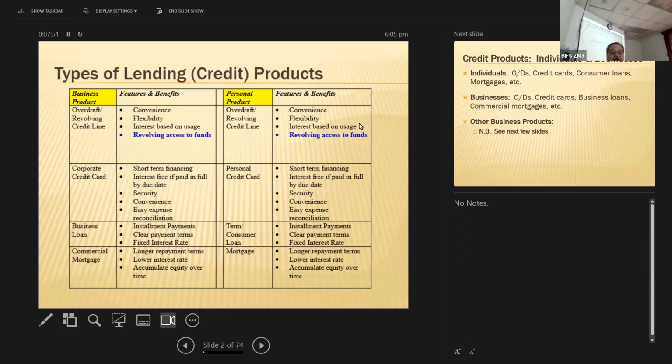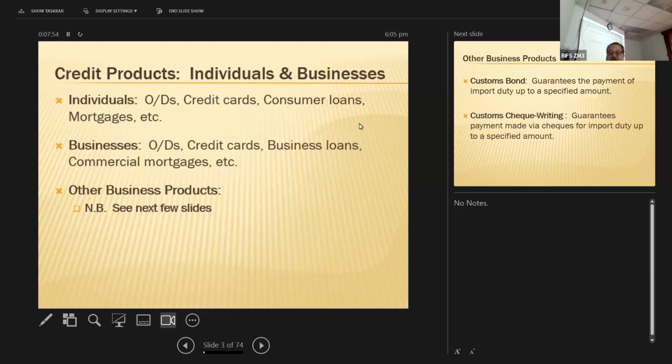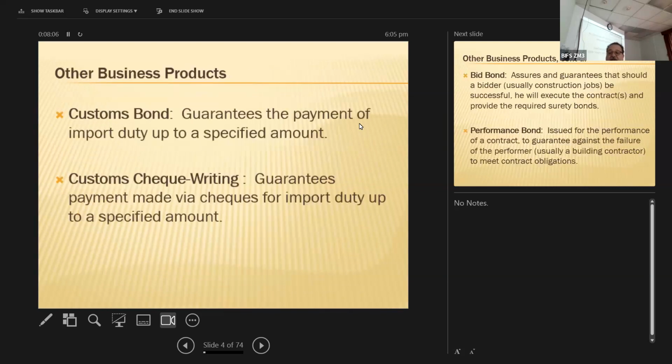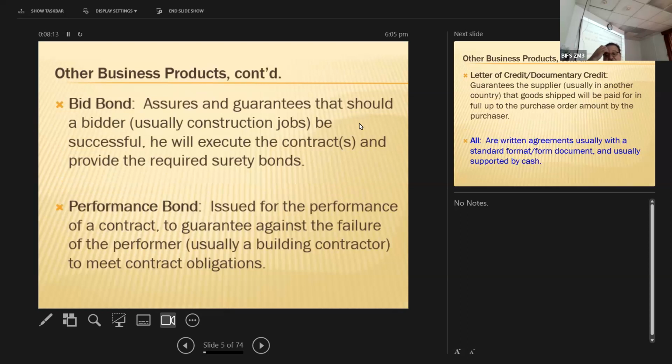Okay. The next slide just shows the summary of it. And of course, businesses also have other products not used by individuals. We said those are the customs bond, the customs check writing facility, the bid bond, and the performance bond.